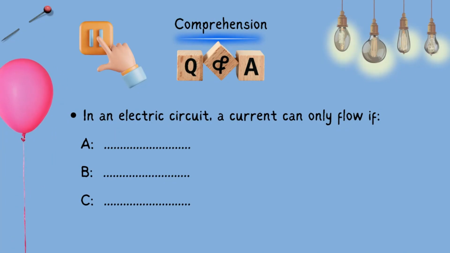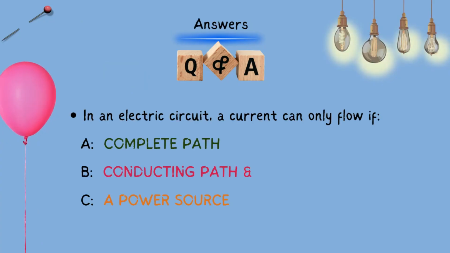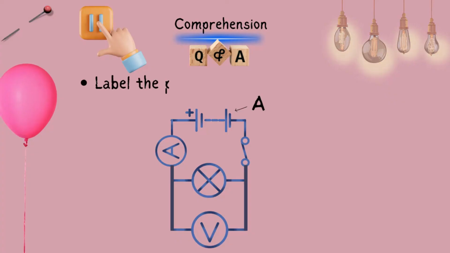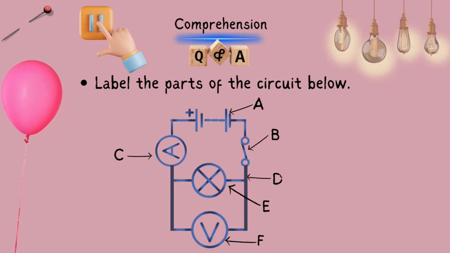Comprehension. In an electric circuit, a current can only flow if. You may pause the video to answer these questions. A current can only flow if you have a complete path, a conducting path, and a power source. Comprehension.